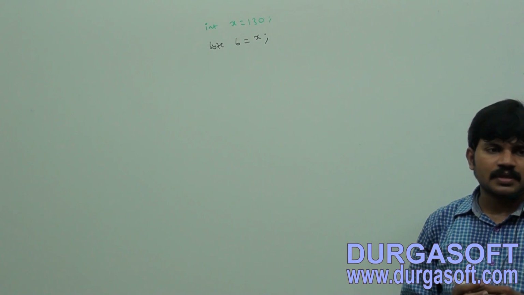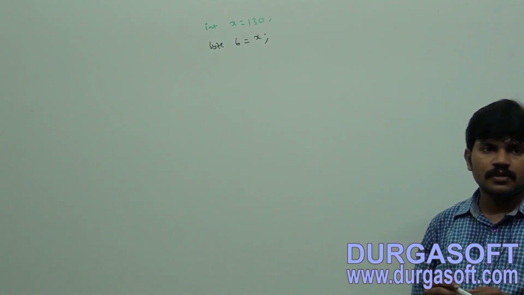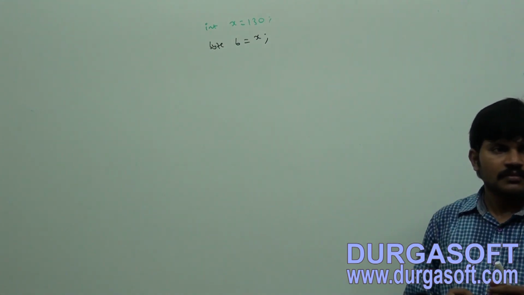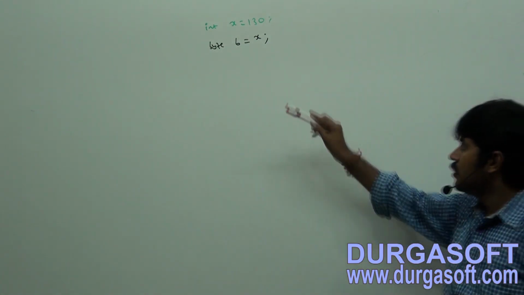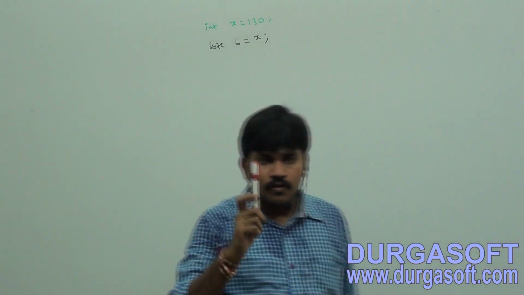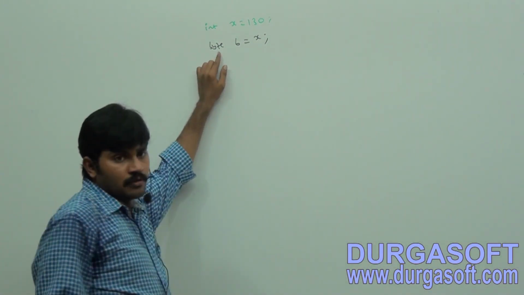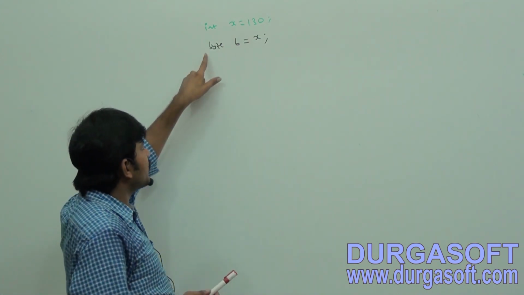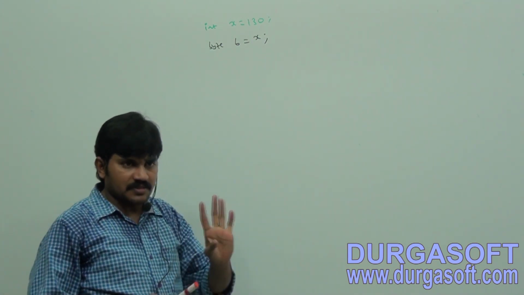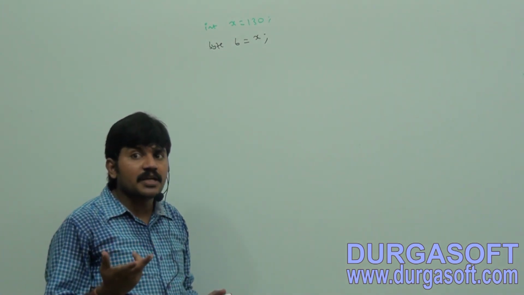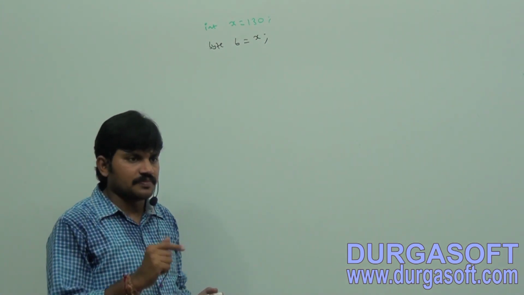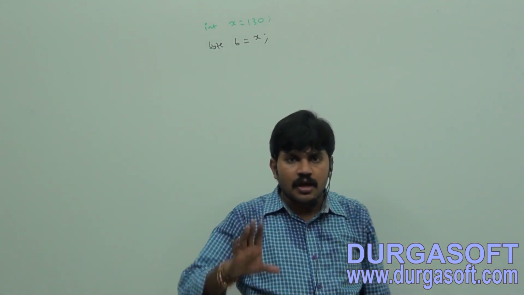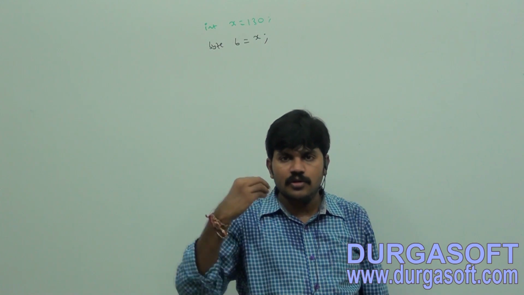Immediately the compiler will tell, Durga, I can't compile, because x is how many bytes? 4 bytes. But byte is how many bytes? 1 byte. You are placing a 4 byte value inside a 1 byte place. There may be a chance of loss of information. That's why I don't want to compile.